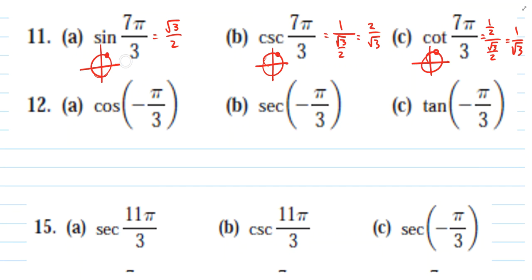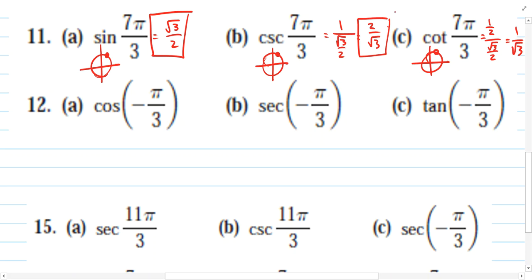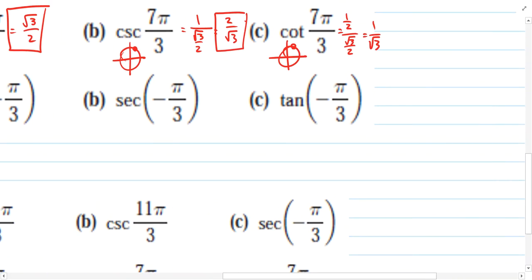So in question 11, the position is all the same. 7 pi over 3 is the same as 1 pi over 3. So the y-coordinate for that position is radical 3 over 2. That's a good answer for 11A. The cosecant is the reciprocal of the y-coordinate, so it's the reciprocal of sine. So I wrote down 1 over the y-coordinate. And I also noted that the reciprocal just means to flip the fraction, so you can report it this way as well.